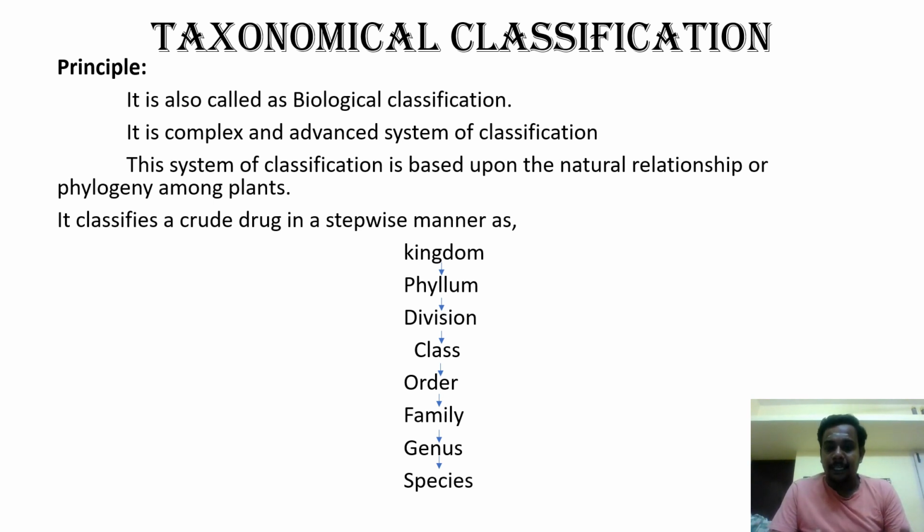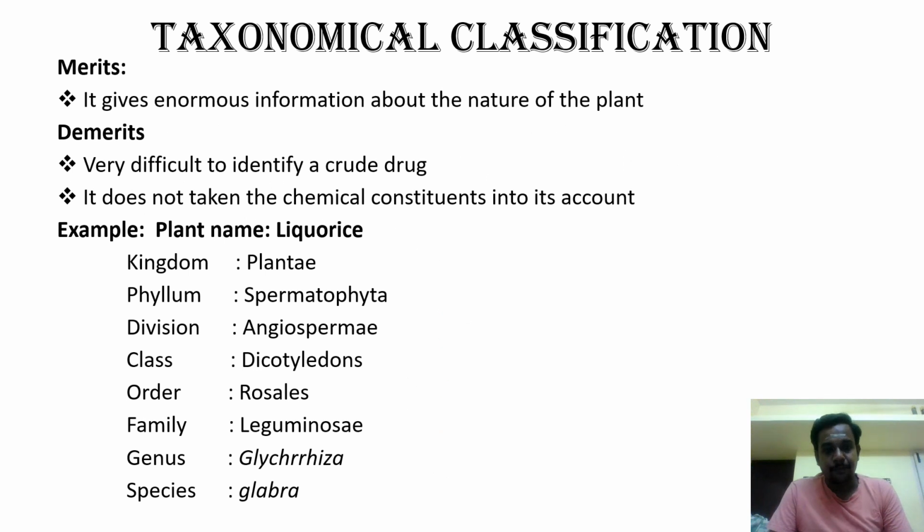So there will be a kingdom which is again classified into many phyla, again classified into many divisions, which are classified into many classes, and each class contains many orders, and each order contains many families, and each family contains many genera, and each plant in that particular genus gets a species name.